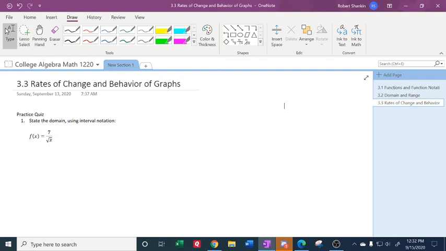If you don't have Microsoft Office, you can get it free through the community college. Look in Module 0, it tells you directions on how to do so. Once you get Microsoft Office, open up the software called OneNote. This is the software right here, OneNote.